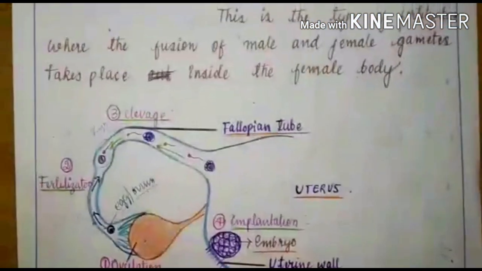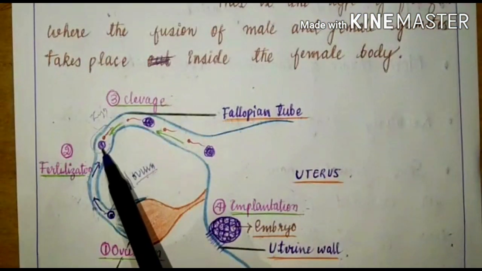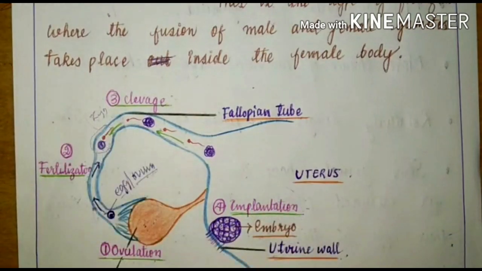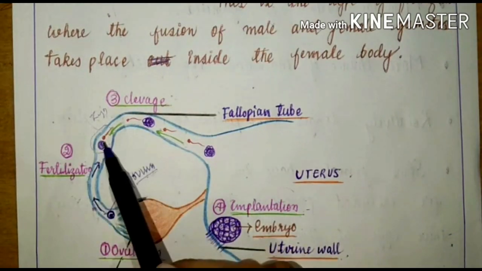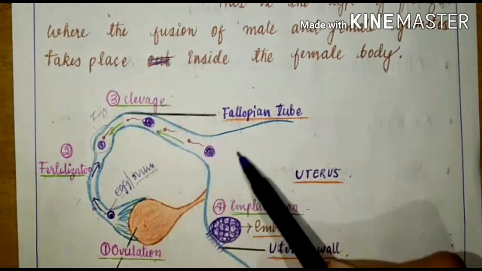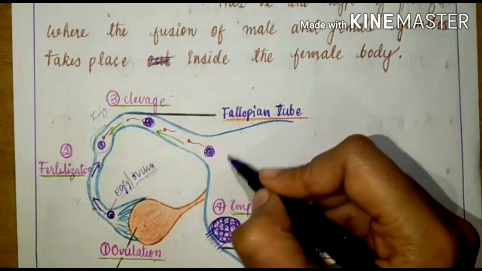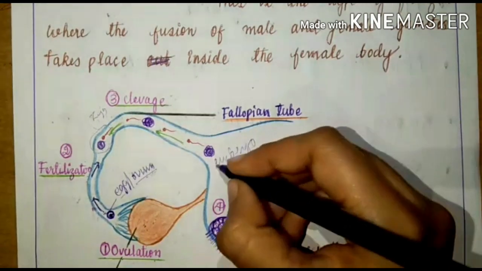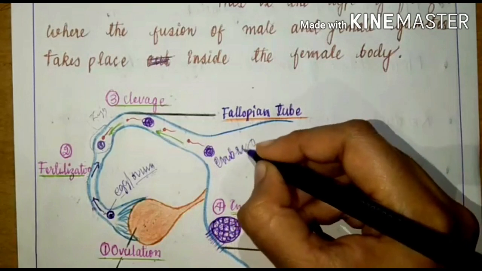Got it guys? After this fusion, it gives rise to the formation of the zygote. This zygote will undergo many cell divisions and cleavage to form a structure known as the embryo.